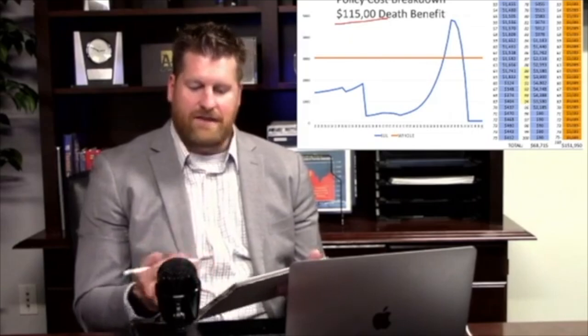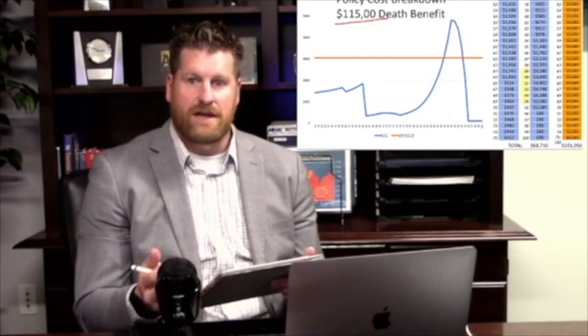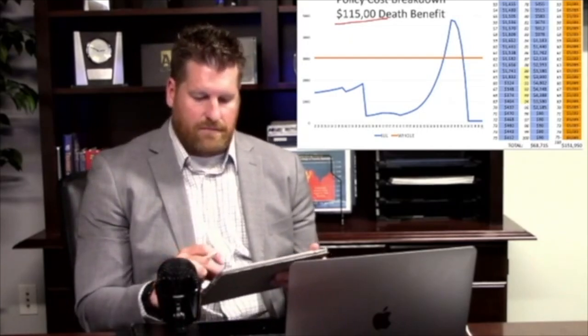And this is the cost. The orange line is a whole life policy, okay, and the fixed cost, the guaranteed cost, over here on the right, is this $3,000. You might not be able to see that very well. Maybe I'll zoom in.